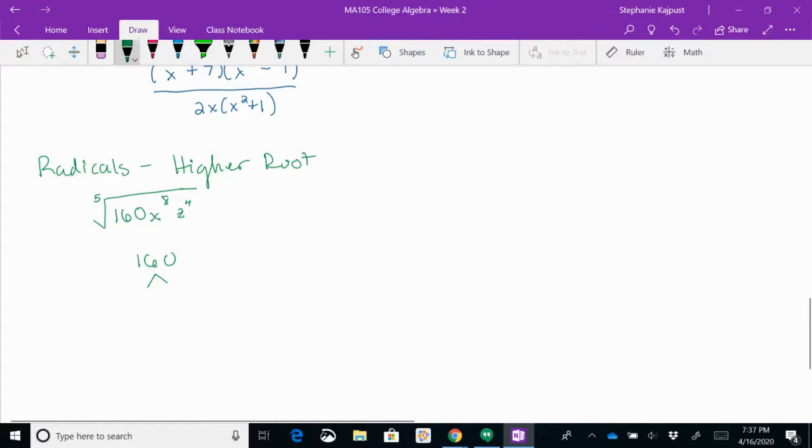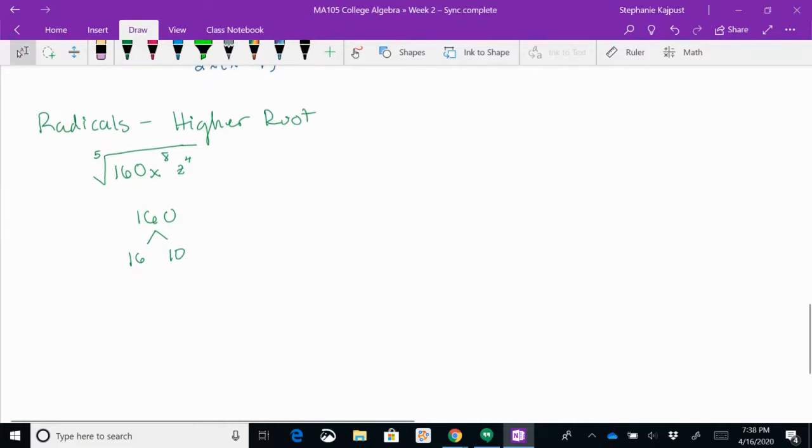So when I look at 160, the first thing I think is, oops, I don't know where that horizontal line came from, 16 times 10. I know for sure that will give me 160. So I just try to choose the easiest thing. And then you keep splitting up if you can multiply those. Like 16 is 4 times 4. So I'm going to split 16 up.